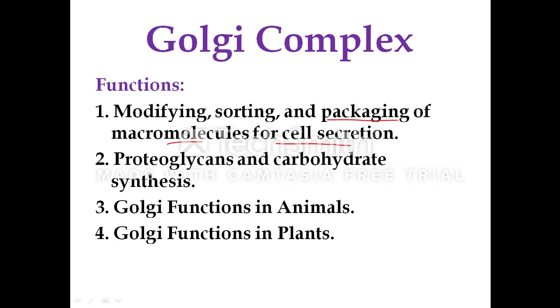For example, the Golgi apparatus adds mannose-6-phosphate label to protein destined for the lysosome. So the proper transportation of the proteins or the enzymes to the particular region inside the cell will be done by this Golgi complex. So that's why it is considered as the post office of the cell.